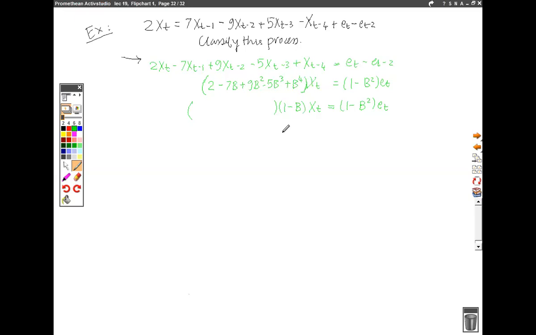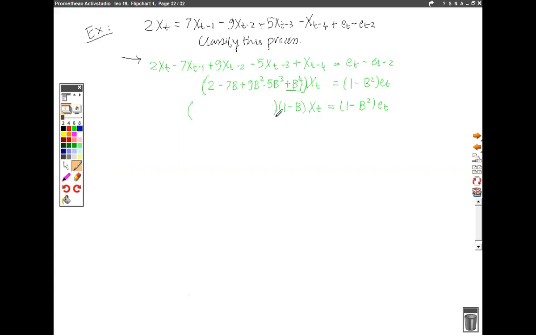Let us see how many times we have to difference, or how many times we have to write this whole polynomial in different terms, till we get something which will have roots which are greater than 1 in absolute value. Let us try to do that, and I'll tell you in a bit why and how we can convert this model, which is clearly not stationary, into a stationary model.